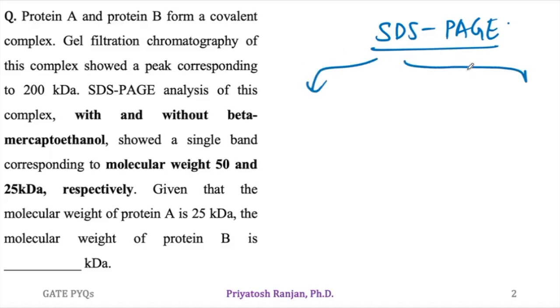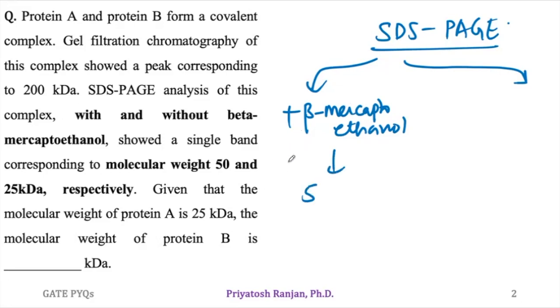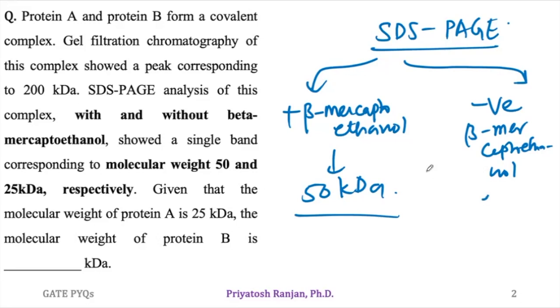And the use of beta-mercaptoethanol or dithiothreitol is to break the disulfide bonds. So in the presence of the beta-mercaptoethanol, a band of 50 kilodalton was observed, while in the absence of beta-mercaptoethanol, a band of 25 kilodalton was observed. The other alternative for beta-mercaptoethanol is dithiothreitol.